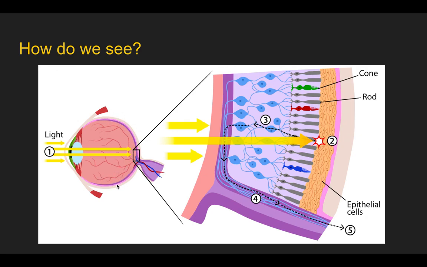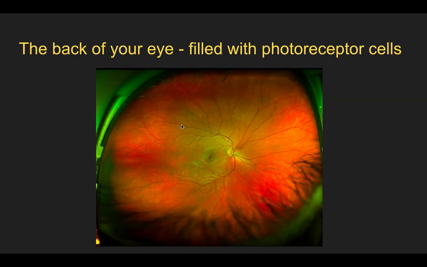That's what this is a picture of. This little spot right here is the optic nerve, where all of the veins are leading, and that optic nerve goes to your brain. And all of the back of your eye is filled up with photoreceptors.